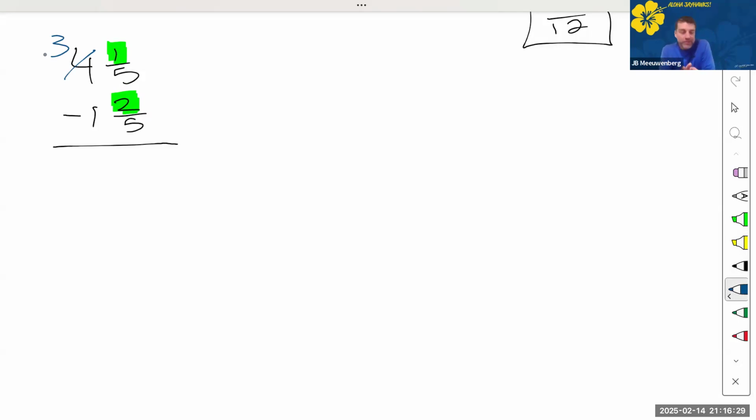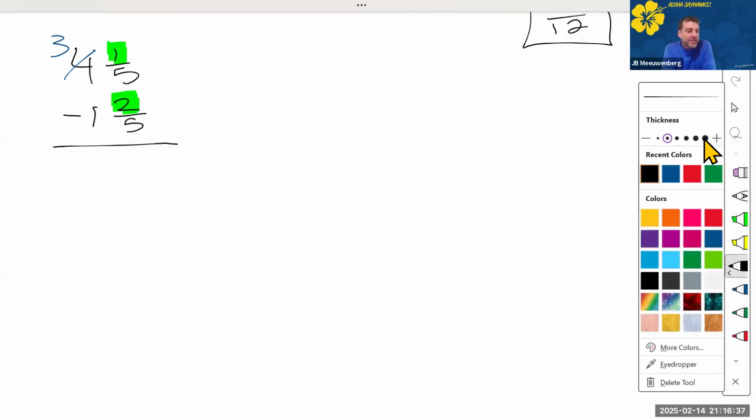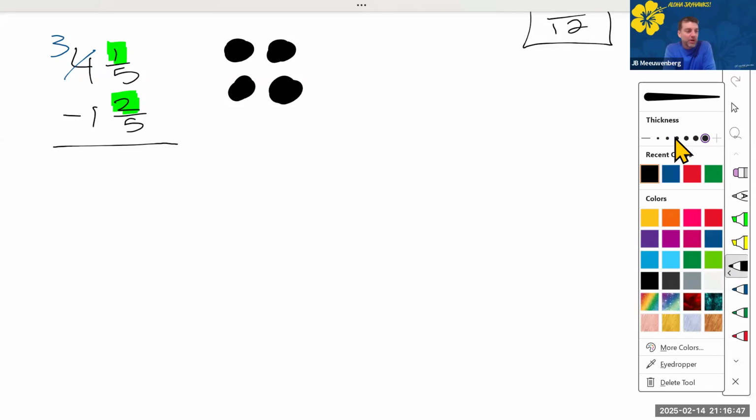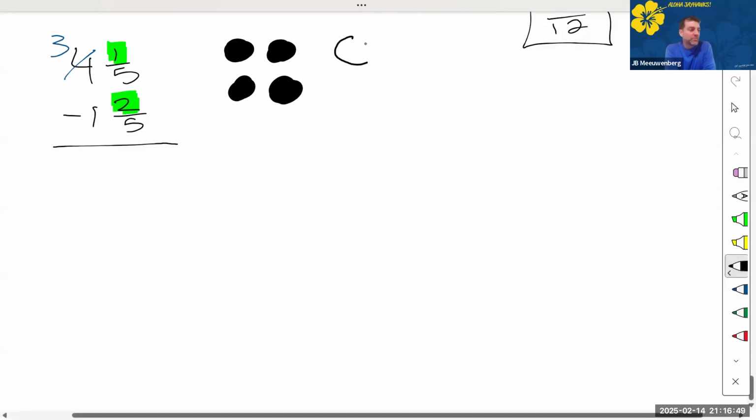Rather than tell you exactly, I'm going to show you a little diagram. We're going to do the same thing we did in the previous addition problems, where I'm going to take 4 1/5, and I'm going to go 1, 2, 3, 4, and then I'm going to take the 1/5, and I'm just going to draw a picture of it.